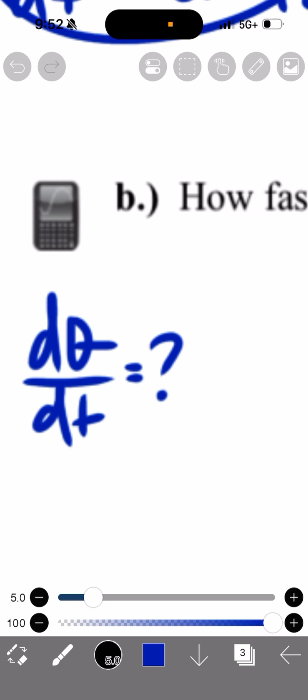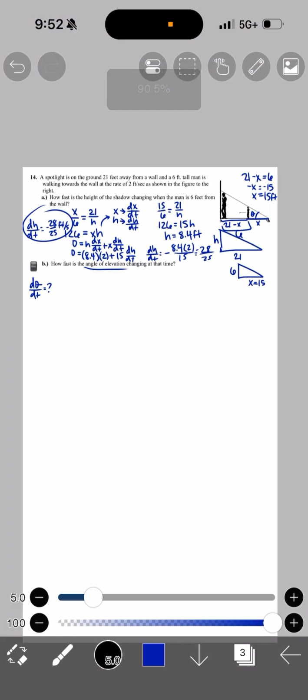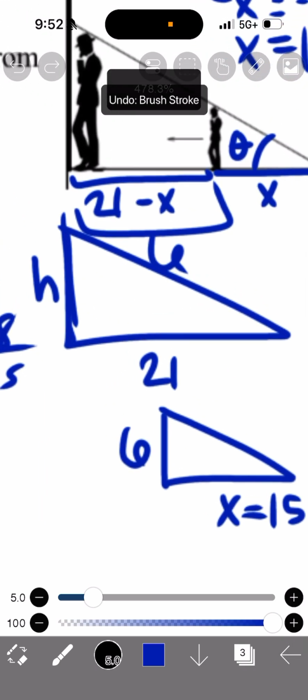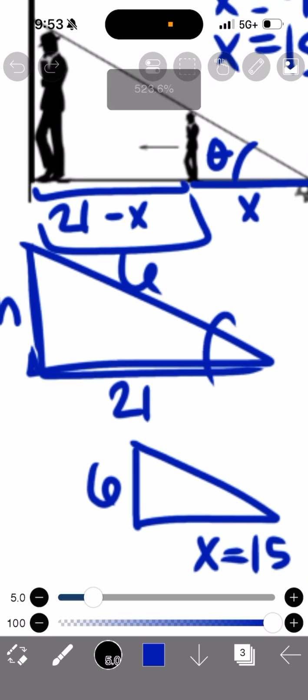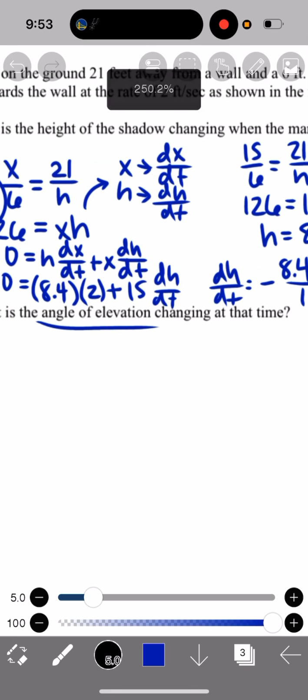So a way that we can find theta is through using our trigonometric functions. We know h and we know 21. So we can use the trig function that relates the opposite and the adjacent sides, which is tangent.